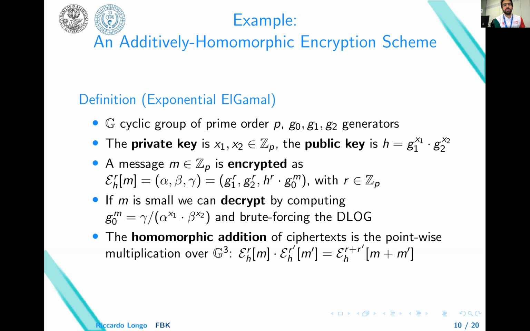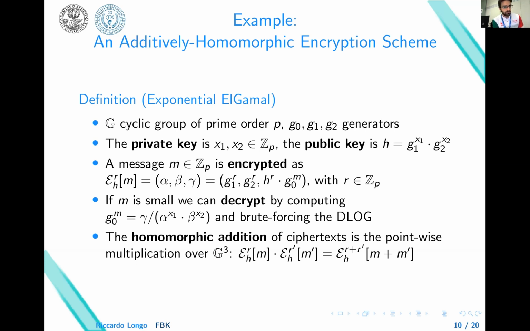And then the ciphertext is a triple, alpha, beta, and gamma: g1 to the randomness r, g2 raised to the same randomness r, and the public key raised to the same randomness r, multiplied by the generator g0 raised to m.